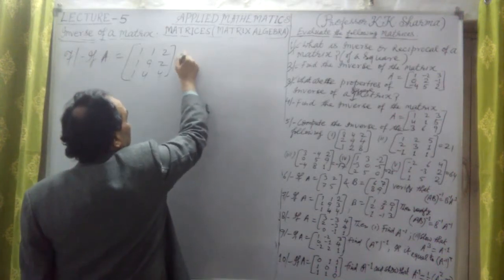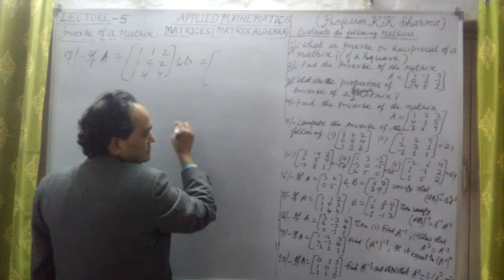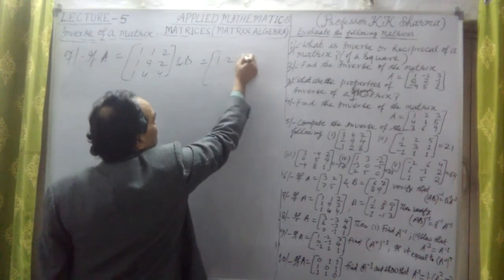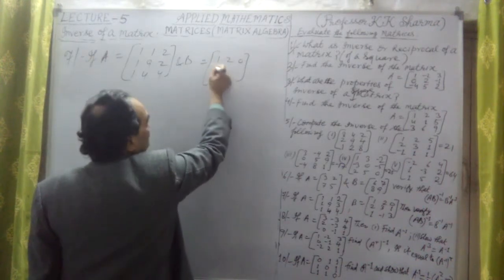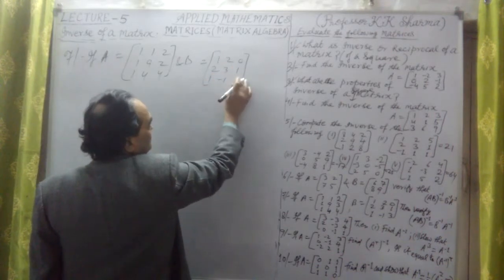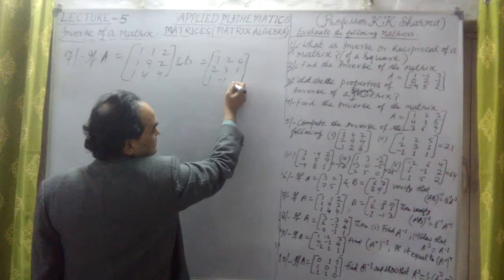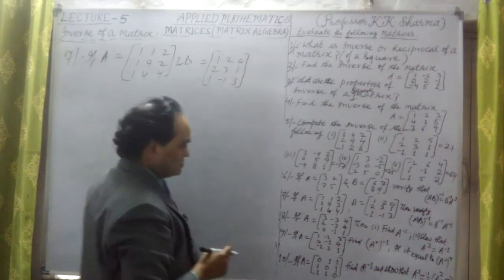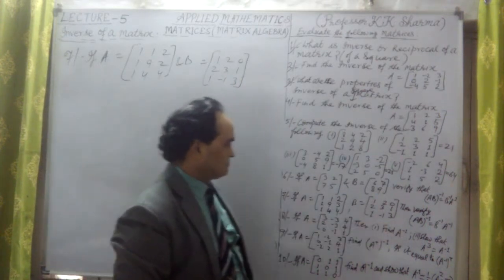And B is 1, 2, 0; 2, 3, 1; 1, minus 1, and 3.